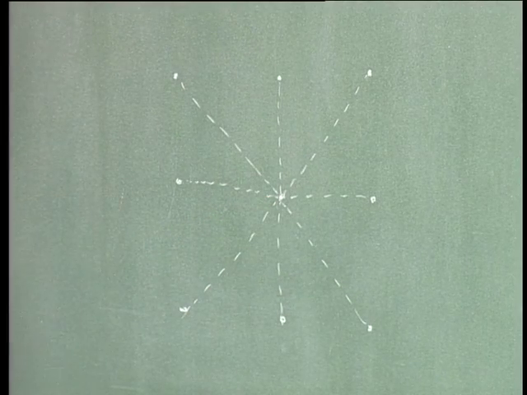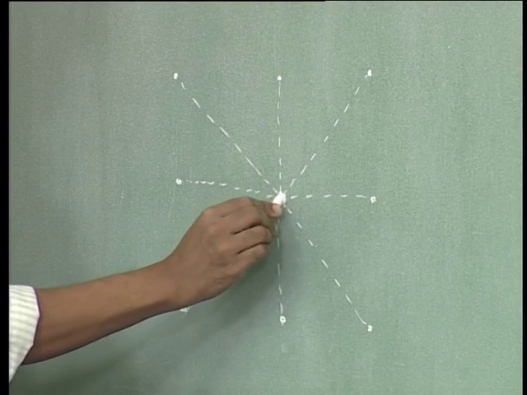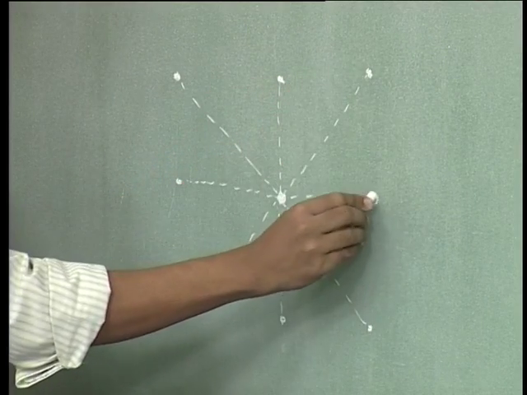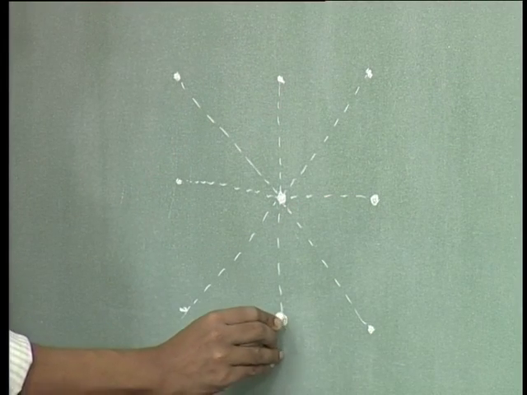So, I have used dotted lines and connected the central point here to all of these points around it. This is to just help us identify the region. So, we have just started with this step.